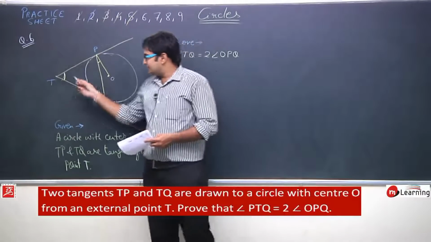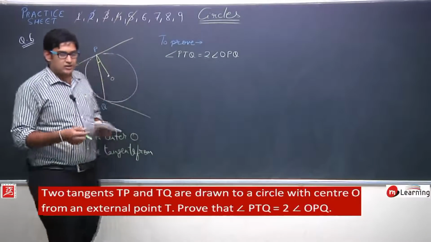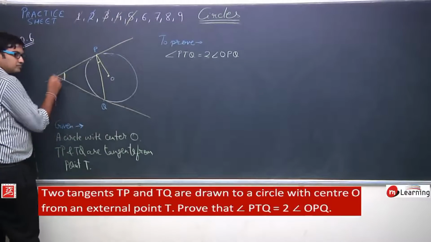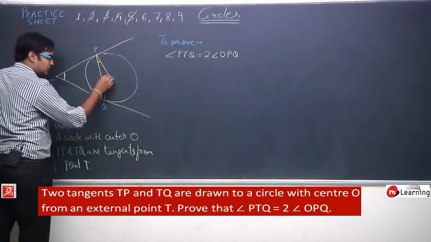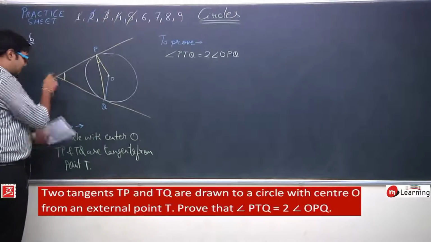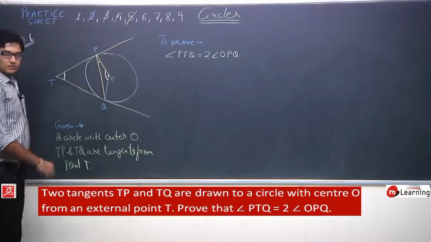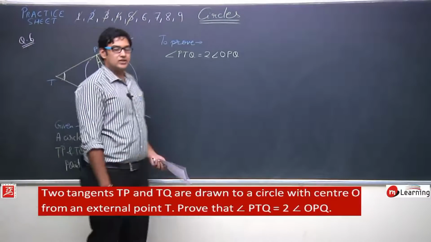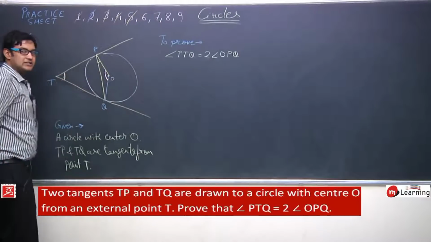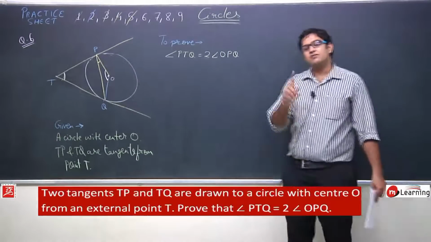We have already proved a property in the previous question: if I join O and Q, and observe this angle and this angle, previously we proved that the sum of these two angles is equal to 180 degrees.